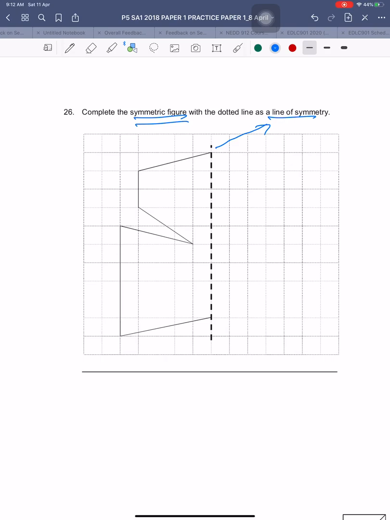So you have to draw from here, go down to symmetrical. This one will be all the way here. Then here. All the way here. And after that, join back. So that will be the answer.